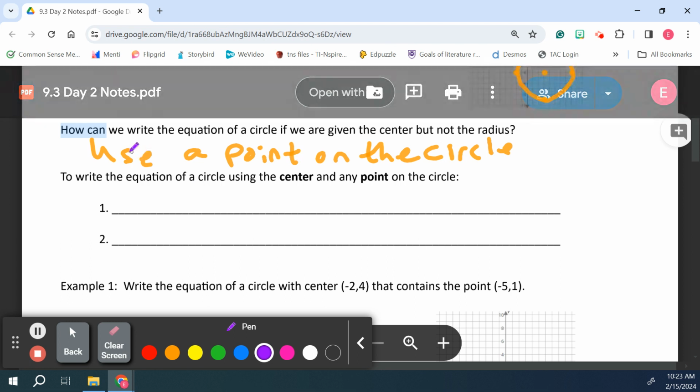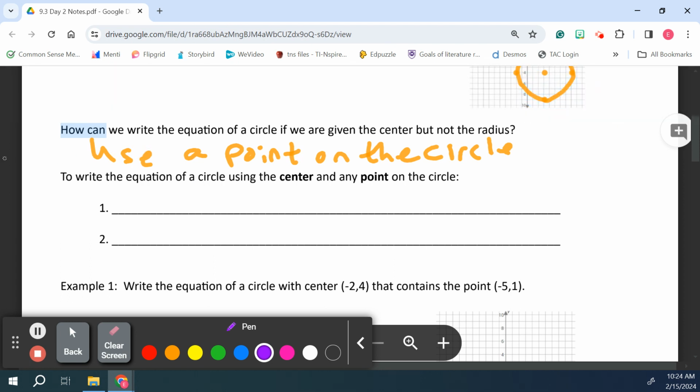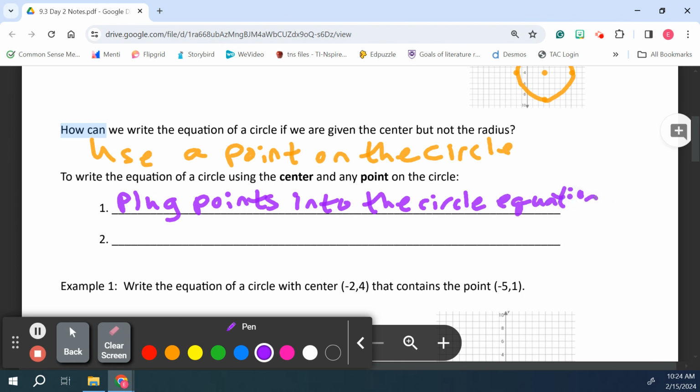So what are the steps for this? Well, in this case, the first one is plug points into the circle equation to find r, which is, again, remember, our radius.